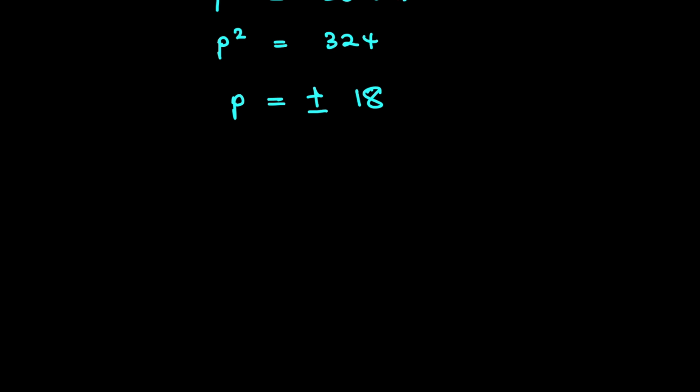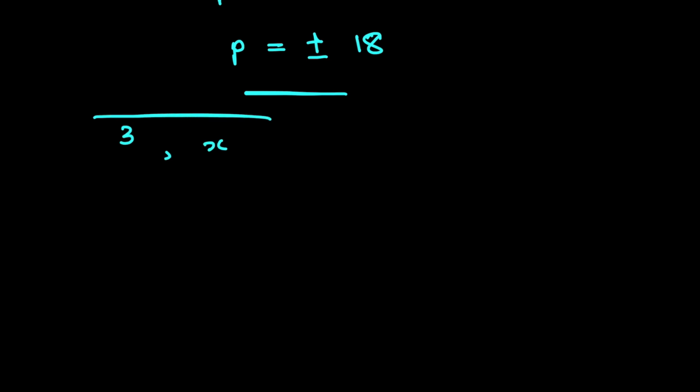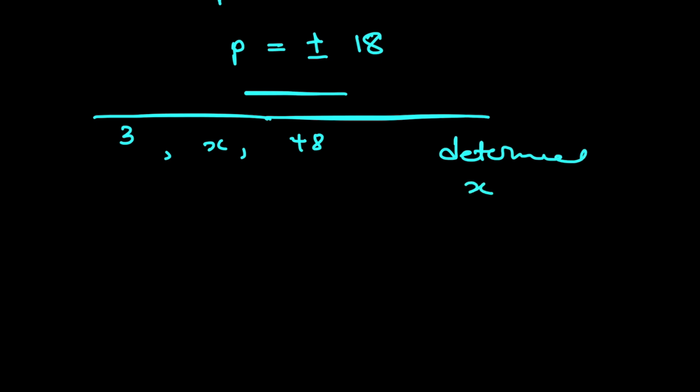Okay, so let's say you are given 3, x, 48, and then you are told to determine x in this geometric sequence such that x is greater than 0.